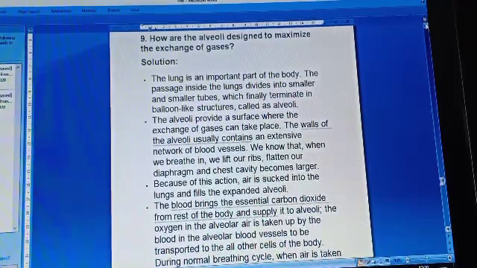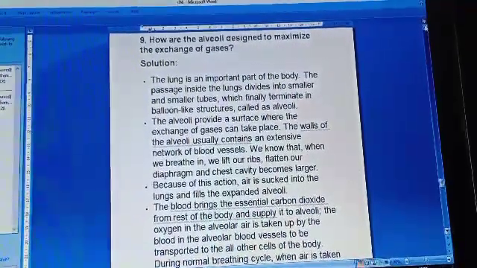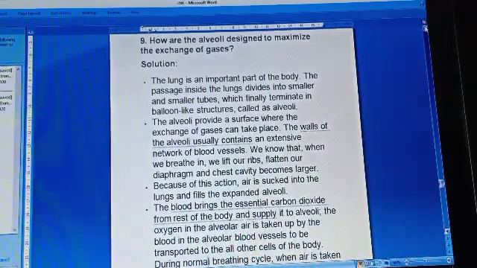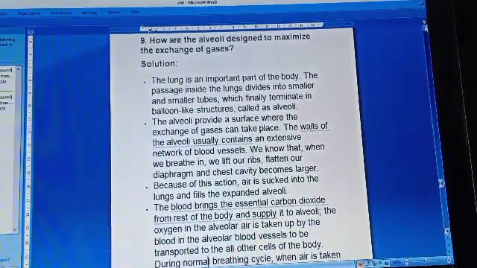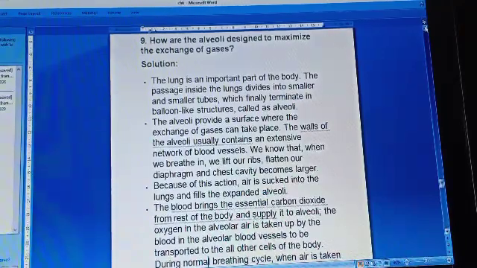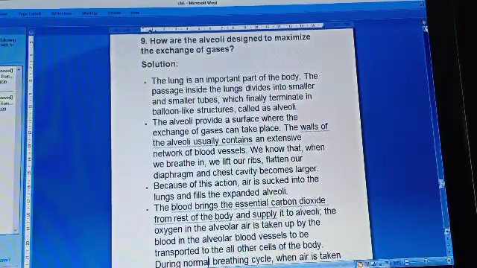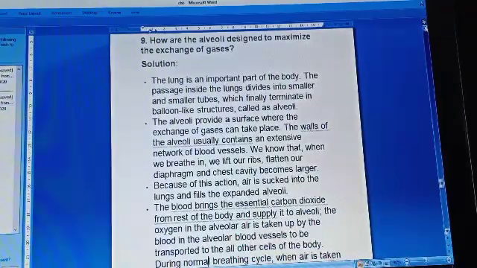Due to the entering of air into our body, or you can say the lungs, the alveoli, meaning the last point of the lungs, also expand.